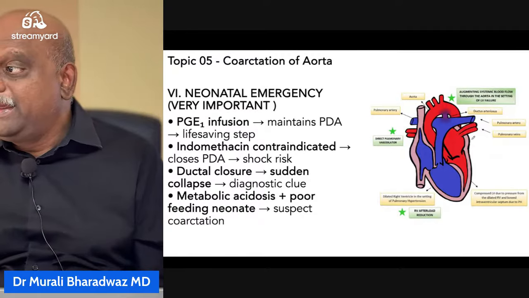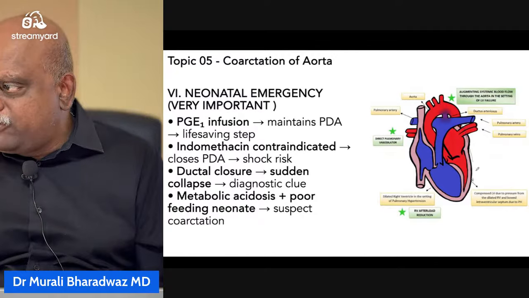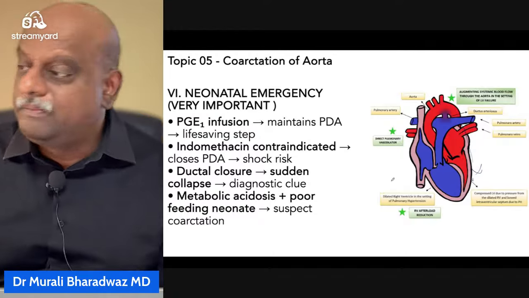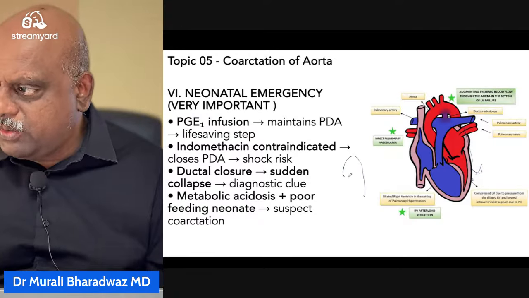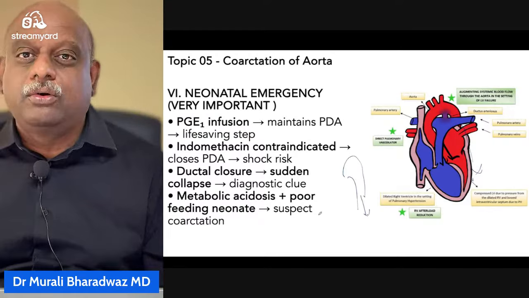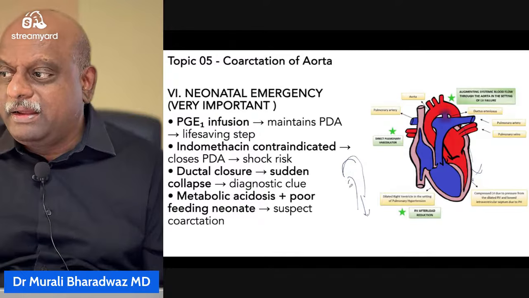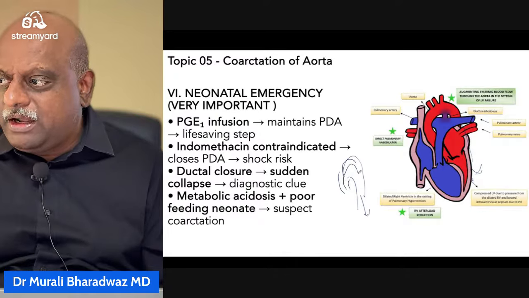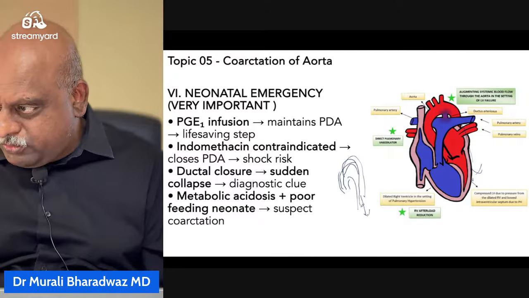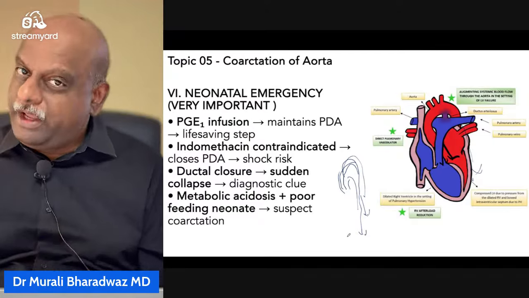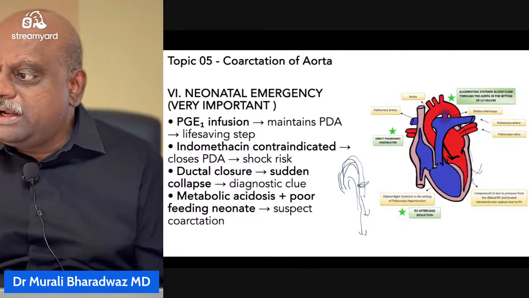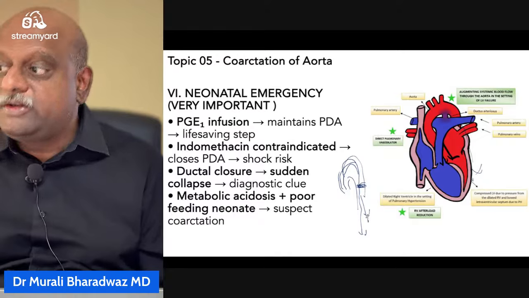Once there is a coarctation, there is decreased blood flow from the ascending aorta towards the lower part of the aorta. Because of the narrowing, there is decreased blood flow.